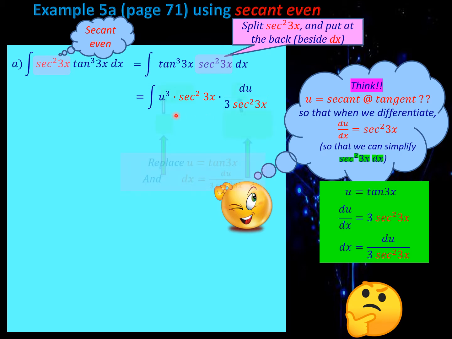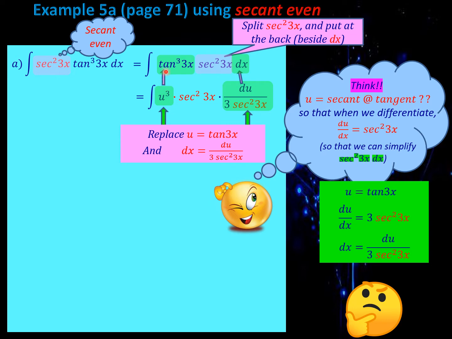And after that, we need to replace. We replace tangent 3x by u here. So we have tangent cube 3x equals to u cube. And then we replace dx by du over 3 sec squared 3x here.